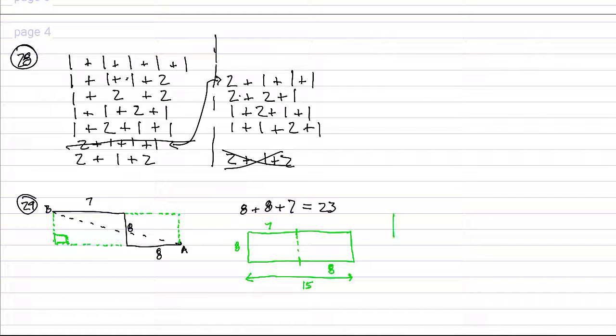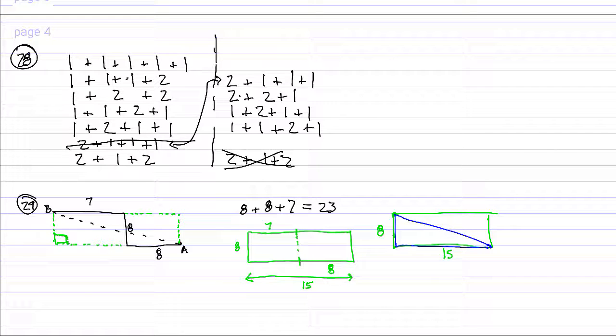So we've got this rectangle, 15 by 8, which means that we have this triangle with sides 15, 8. Okay, so that's a 15, 8, and we've got this unknown, right?